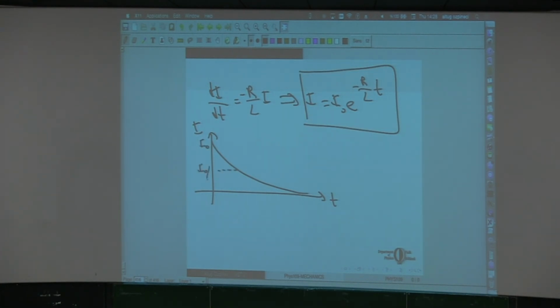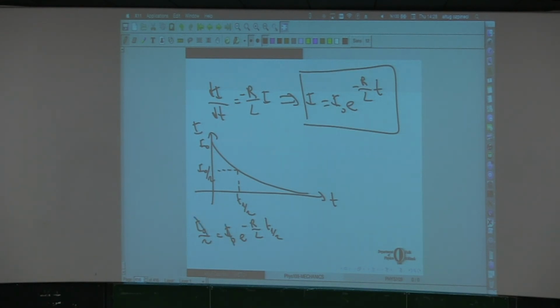Let's say this is I0 over 2, this is T1 half. What is T1 half? From this expression: I0 over 2 is equal to I0 e to the power minus R over L T1 half.